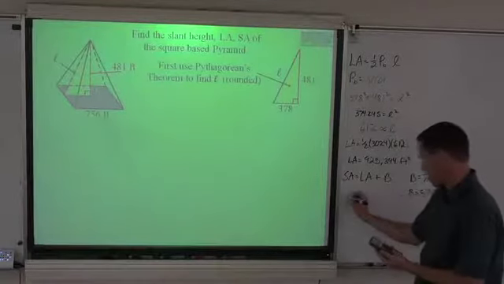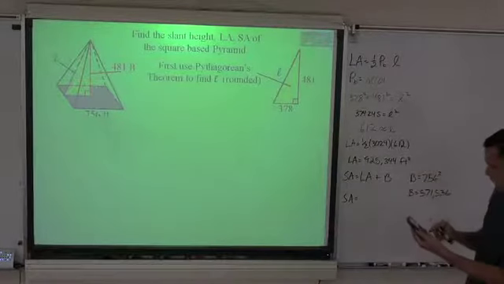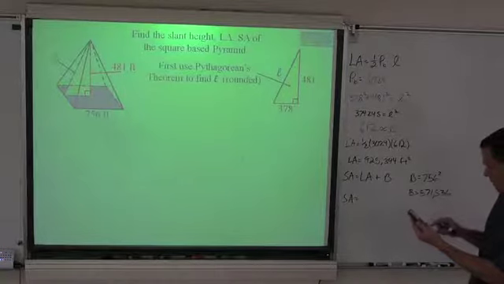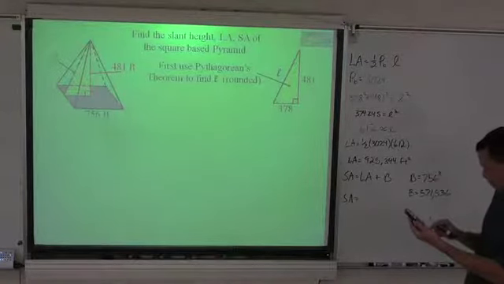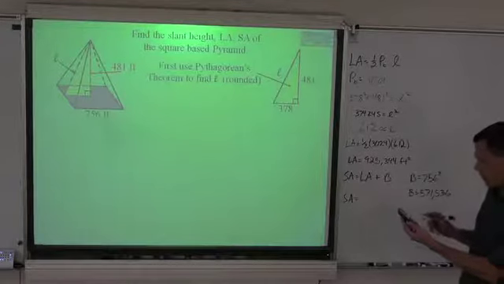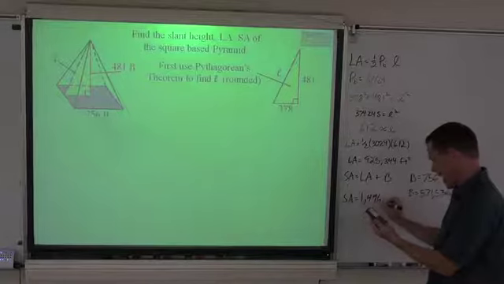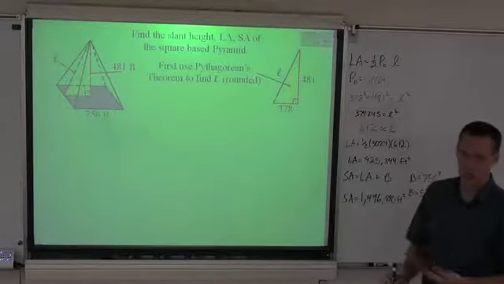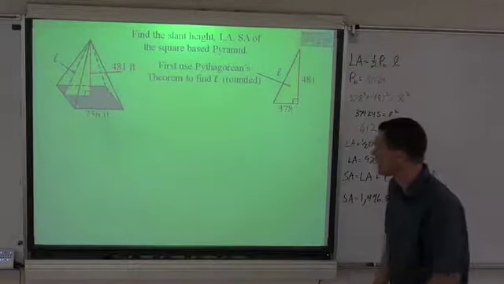So we're going to have to put those together. I have 925,344 plus this 571,536. And we've got some monster numbers of 1,496,880 square feet of concrete or rock or stone or whatever it is they use to build that pyramid.